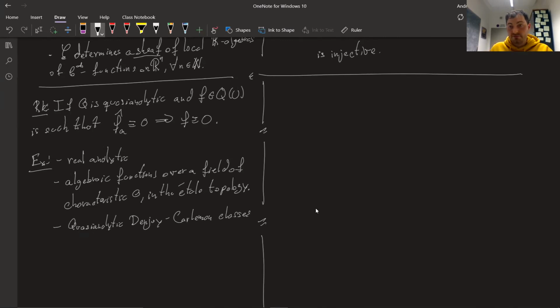That is the class of smooth functions. I'm going to define it in the following way.